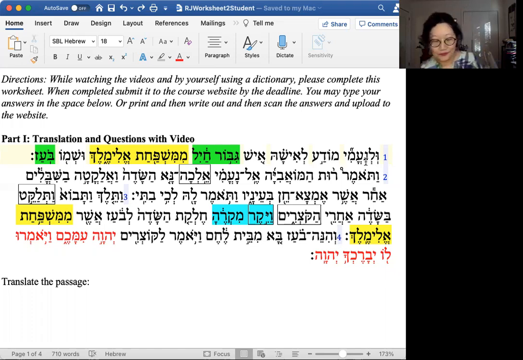Now, one of the ways, of course, Hebrew does not have things like italics or punctuation. So the writer only has certain ways to tell you that they are emphasizing particular words, or that they're doing something translationally interesting with these words.